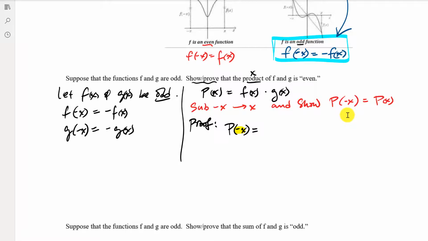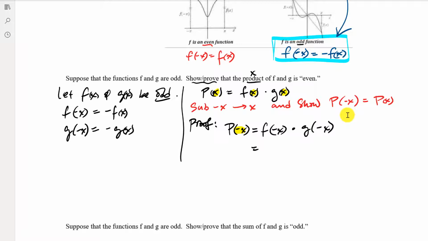So I'm going to substitute in negative x. So once again, I put negative x here, here, and here. So f of negative x times g of negative x. Well, what does that equal to? Well, I know in the beginning over here that f and g are odd.